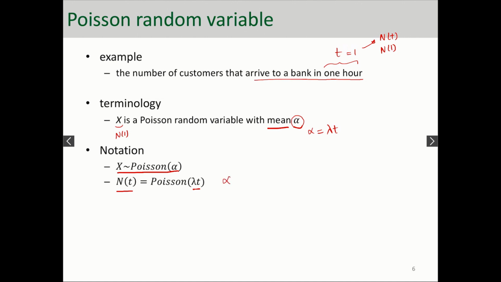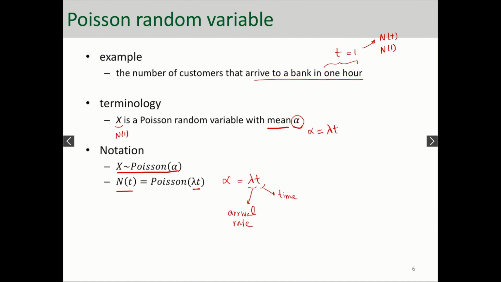Just to remind you, this lambda is the arrival rate, right? 8 customers per hour, 2 patients per day. And t is the time. And that is the only parameter for a Poisson process.